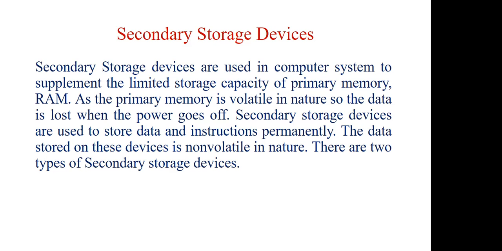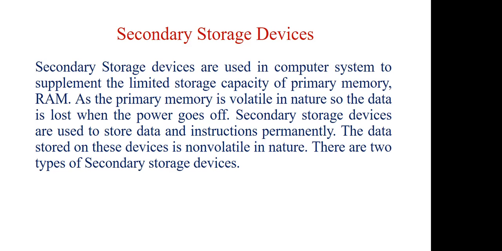Though it is very fast memory, and every calculation the computer does happens in the primary memory, after computation we have to store the results and the data in some kind of memory, and that memory is called secondary storage memory.